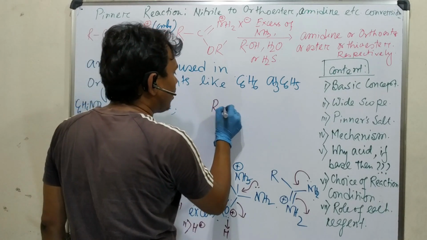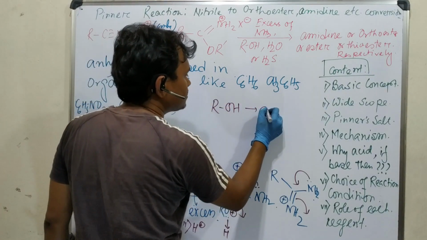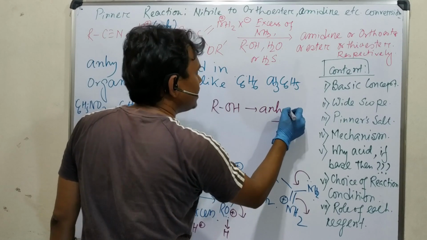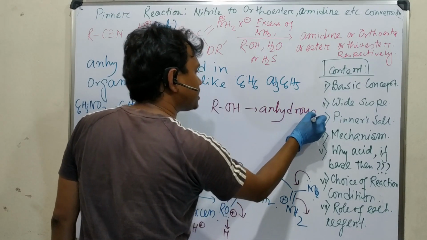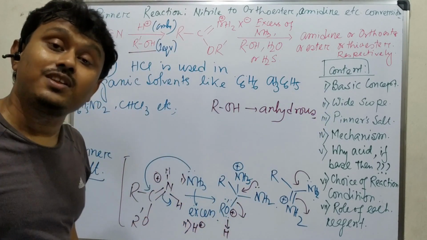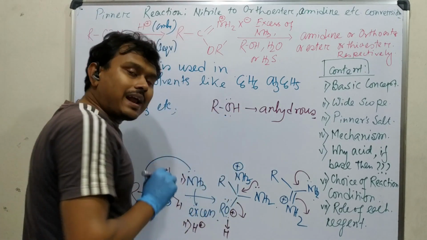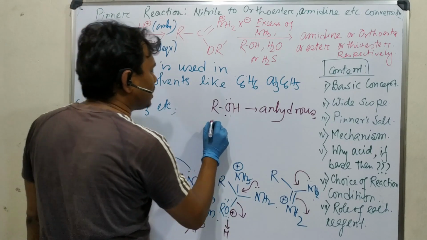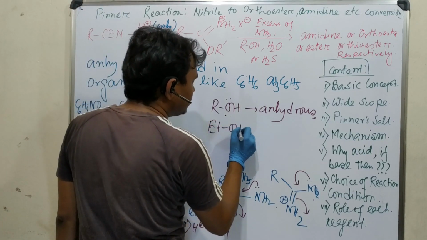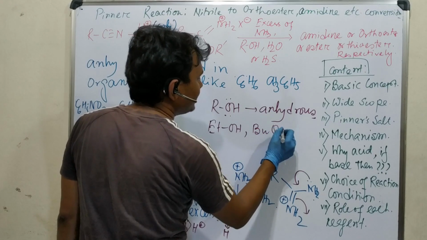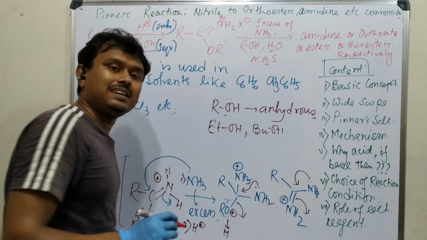Yes, alcohol should also be anhydrous. And keep in mind, anhydrous alcohol preparation is very difficult because pure alcohol is very hygroscopic. So anhydrous alcohol, in this case ethanol, butanol, propanol, etc., could be used as a reagent.